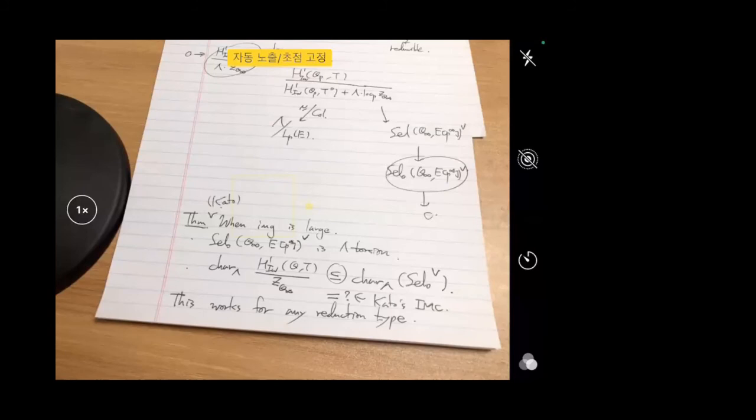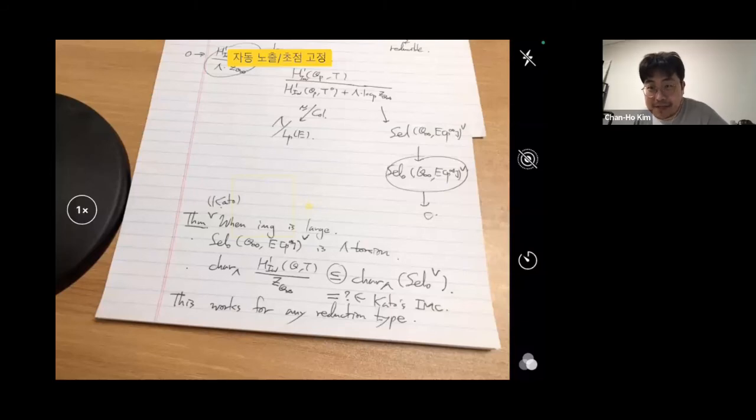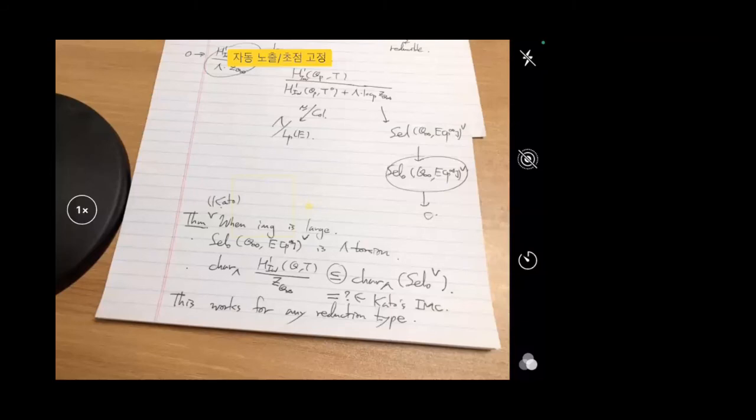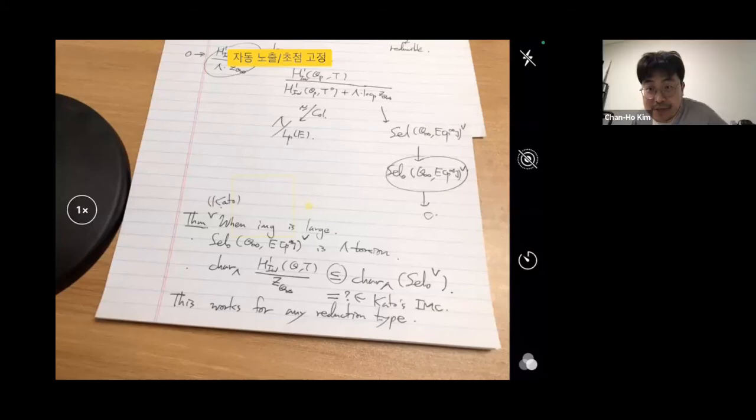Yeah. Okay, thanks. And okay, let me first give some answers in the chat. So when you say this works for any reduction type, do we still assume big image? In the result of Kato, yes, but when you make a conjecture, of course, it's not very important; you can just ask the question. And when you have the one-sided divisibility at this level, you need some big image assumption.